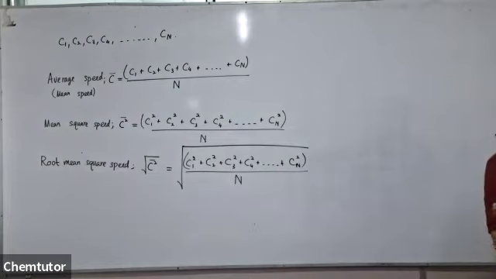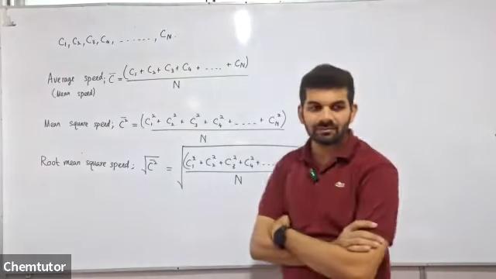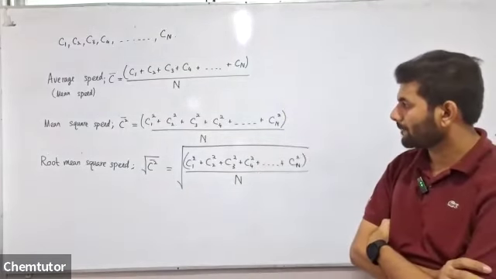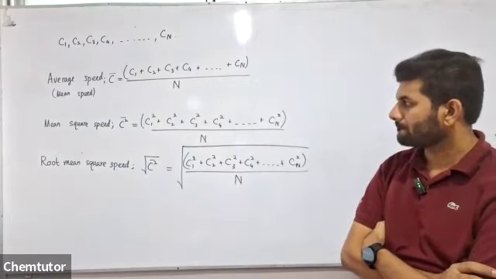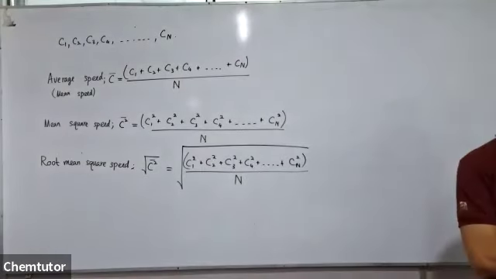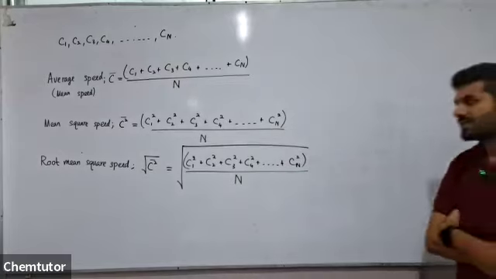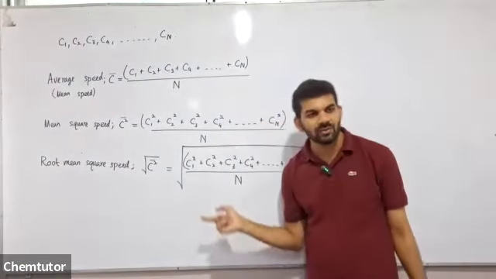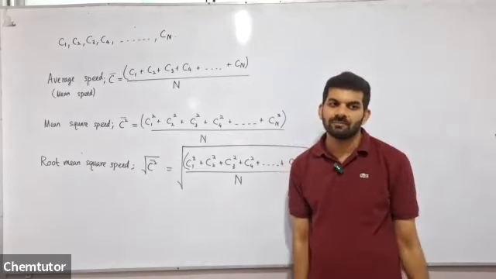Mean square speed means we square the speeds and take the mean. Root mean square speed is the square root of that. Those are not the same.